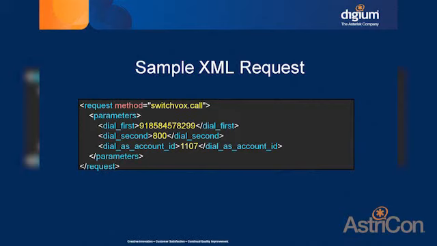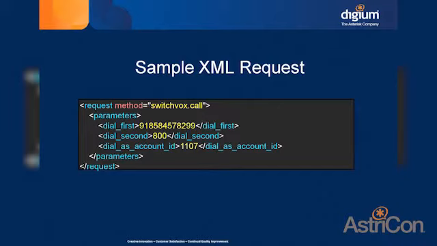But I have a little sample XML request of something that you might pass to a Switchvox here. So this is using switchvox.call, and you can see that the parameters are listed out. They're called parameters, so none of this looks very cryptic when you read it. It looks like English, which we like. Dial first, you see a phone number there. Dial second, you see an extension there.